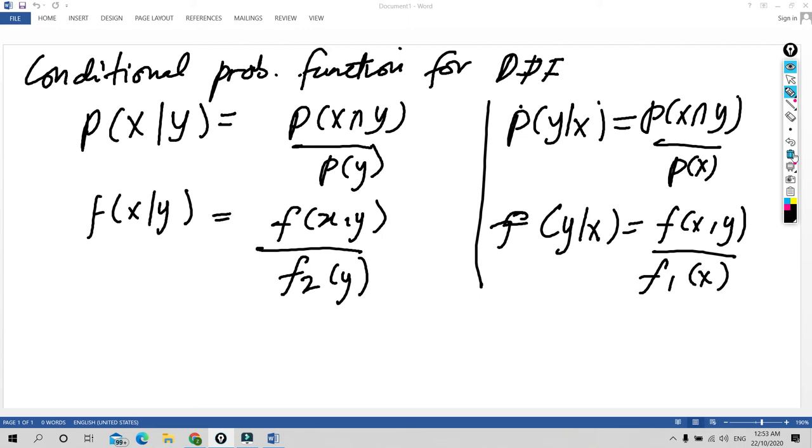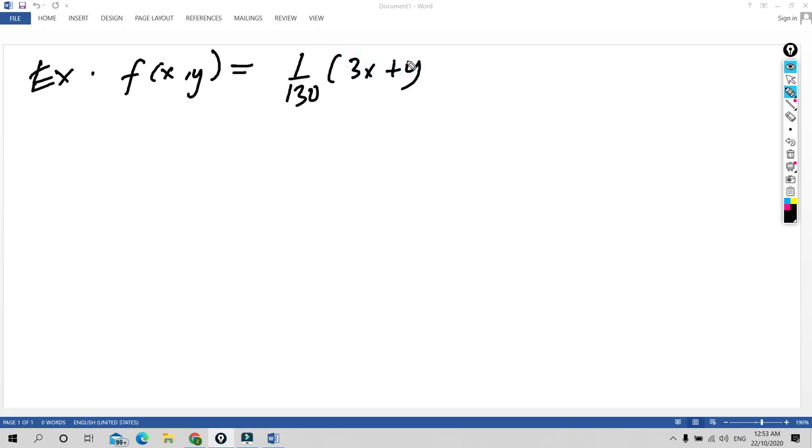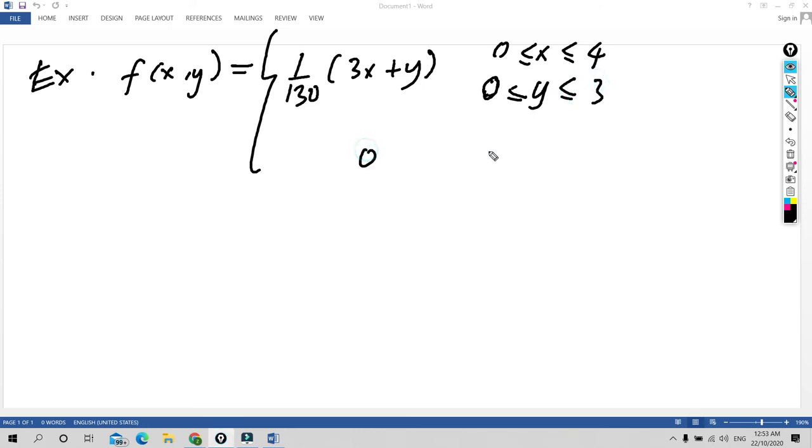Let's say I have f(x,y) given as (3x plus y) over 130, where x is from 0 to 4 and y is from 0 to 3, and 0 elsewhere.